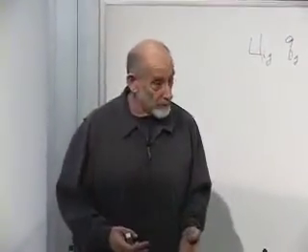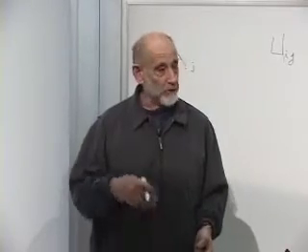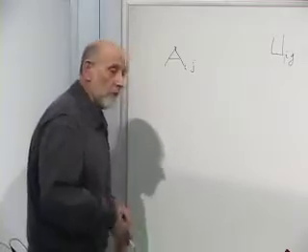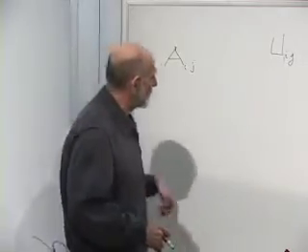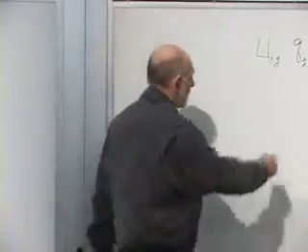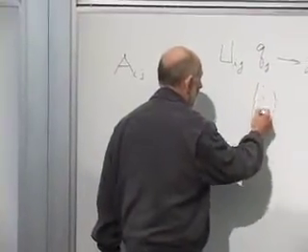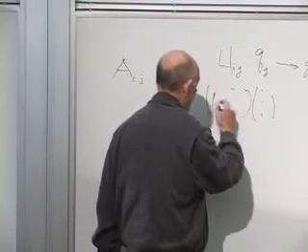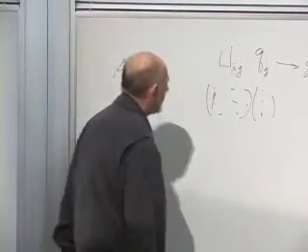It has 3 entries, red, green, and blue. Sometimes it's called the defining representation. It's the smallest non-trivial representation. And it just can be thought of as a 3-component vector, 1, 2, 3. And the unitary matrices can be thought of as 3 by 3 matrices. Okay, we've gone through that.